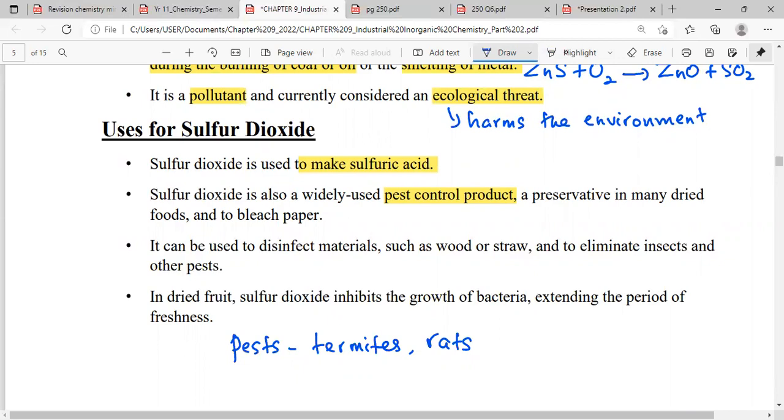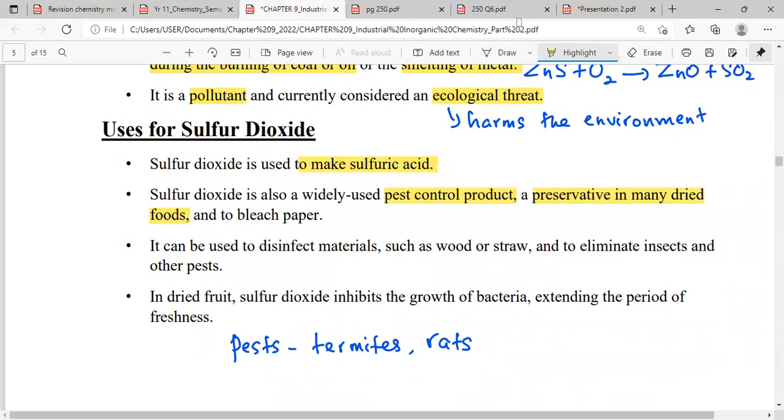So it is used to make pest control products. It is used as a preservative in many dried foods. What is a preservative? A preservative is any substance that is added to food to keep food in good condition for a long period of time. So it is used in dried food.